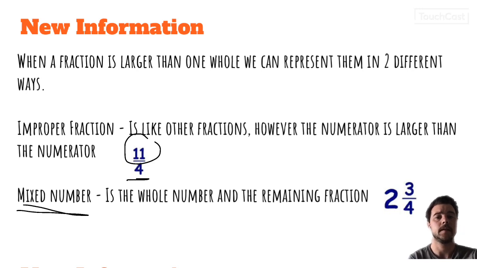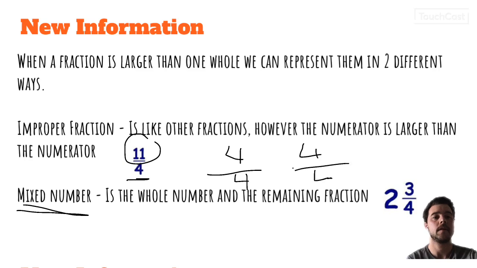So a mixed number just means we've put the whole number. The fractions that add up to a whole, we've turned into whole numbers, and then whatever's left over. So for example, these 2 fractions here mean the same thing. So 11 quarters, we know that 4 quarters is 1, and then another 4 quarters is 2.